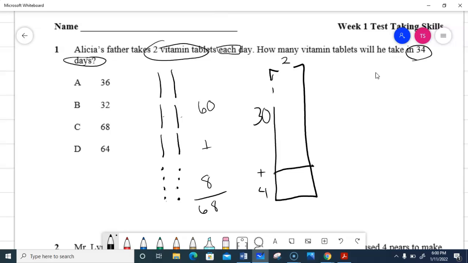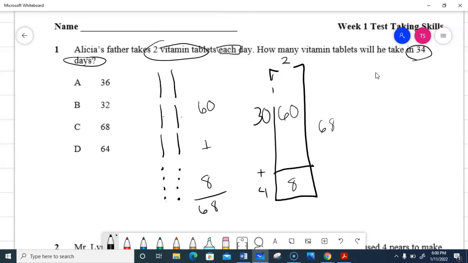So for this part I would do 30 times 2, or 3 times 2 is 6, and then I put that 0 there, so that'd be 60, and 4 times 2 is 8. If I add that together, 60 plus 8 would be 68.